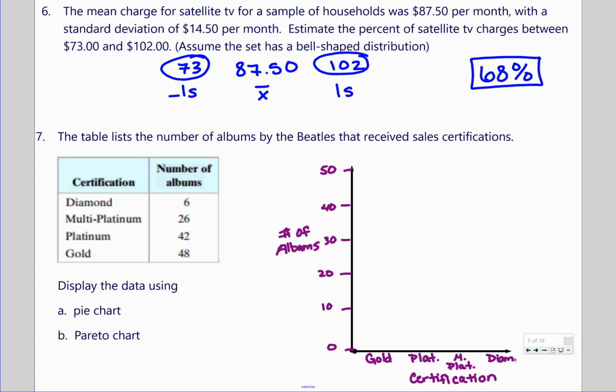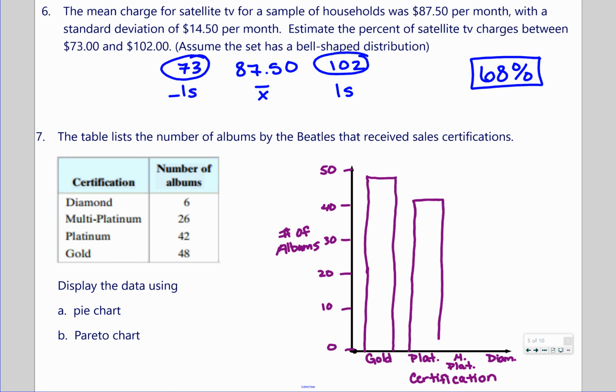My first one's going to go up to 48. Again, do the best you can to make this look like a rectangle. Yours will probably look better than mine. Platinum is up to 42. Multi-platinum, 26.